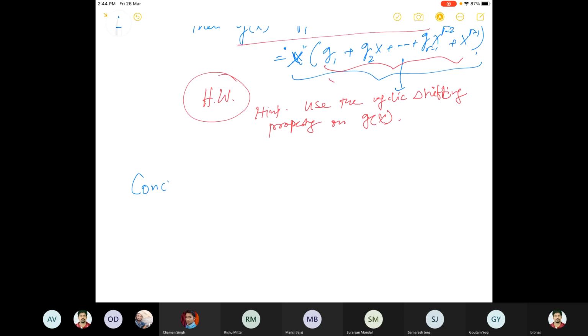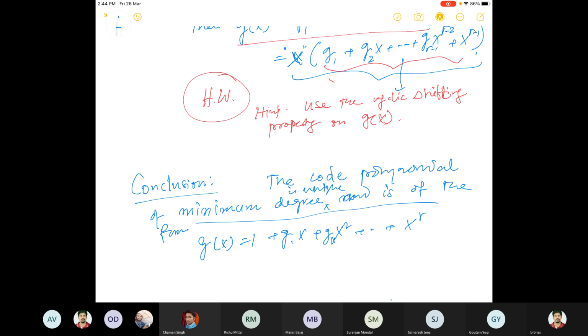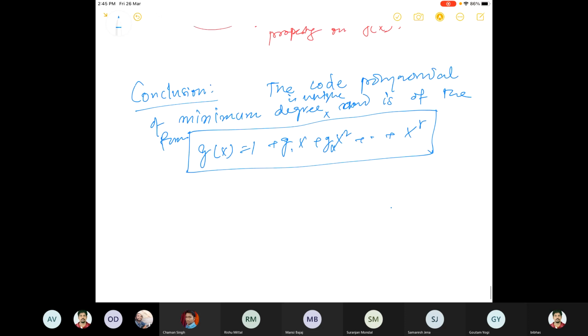The conclusion is that the code polynomial of minimum degree is unique and of the form g(x) = 1 + g1 x + g2 x^2 + ... + x^r, for some r, which is the minimum degree.